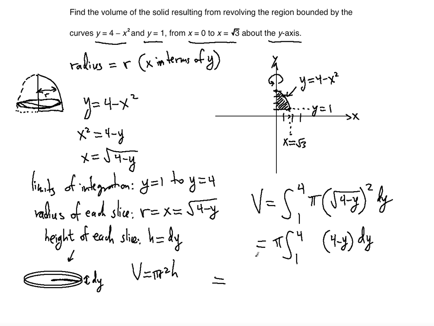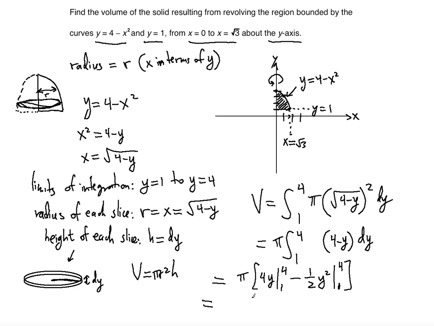So now we're going to have pi times 4y from 1 to 4, minus 1/2 y squared from 1 to 4, using the power rule of the antiderivative.